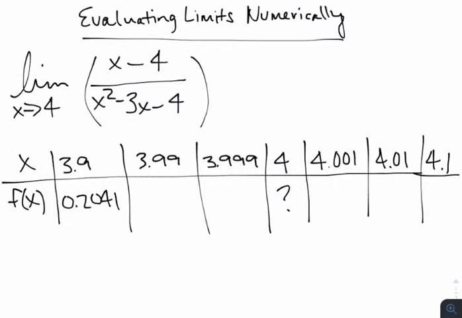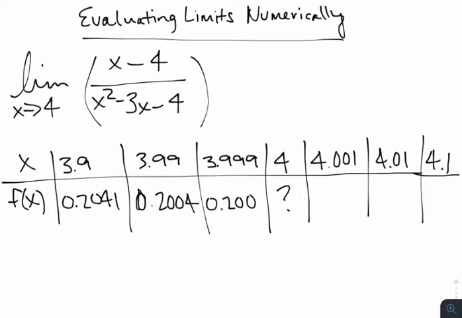Continuing on, if we were to plug in 3.99 into the equation, the calculator gives us 0.2004, and 3.999 being put into the equation gives us 0.200.